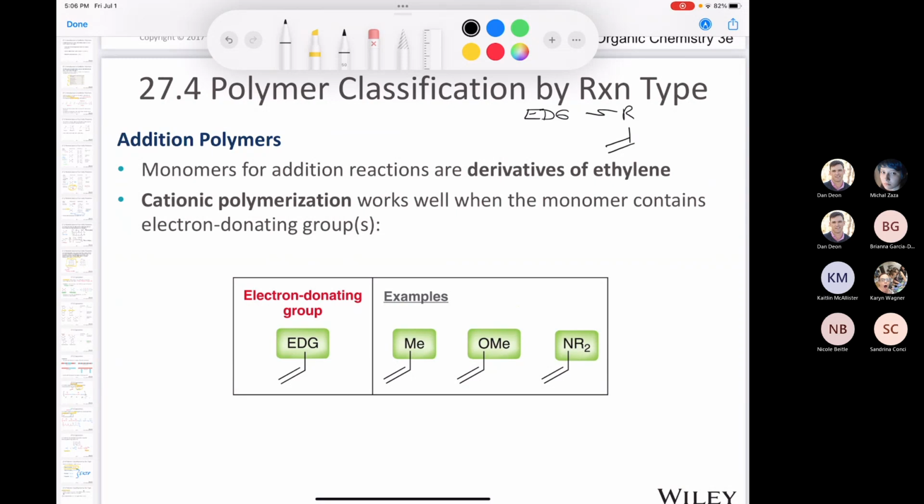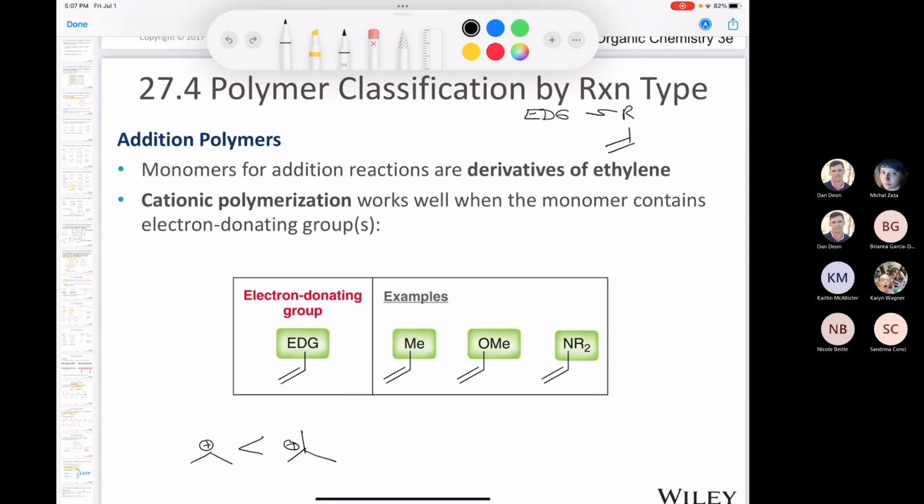Because electron donating groups donate electron density into the cation to stabilize it. Right? If you think about carbocation stability, if you compare a secondary carbocation versus a tertiary carbocation, the tertiary is more stable because these R groups donate a little bit of electron density via hyperconjugation. So anyhow, let's move on from there.